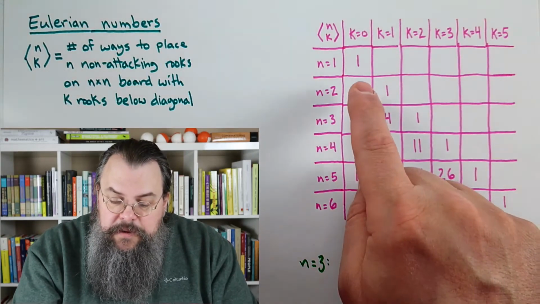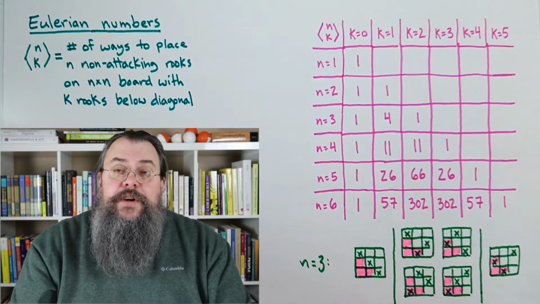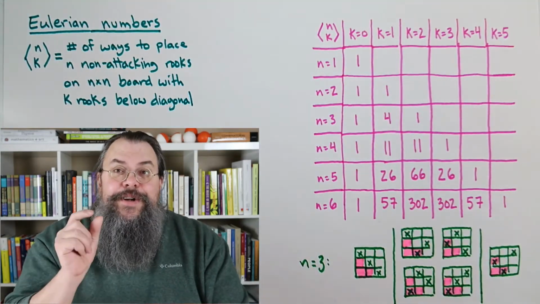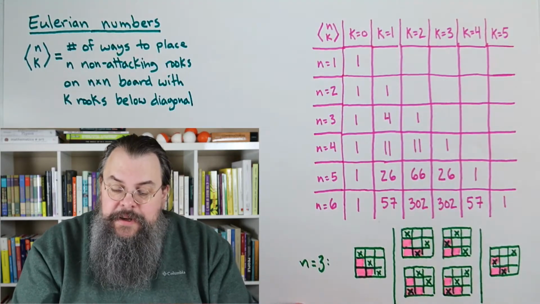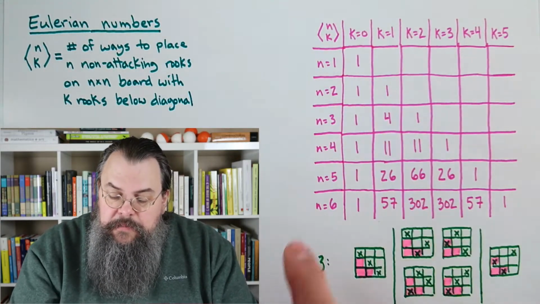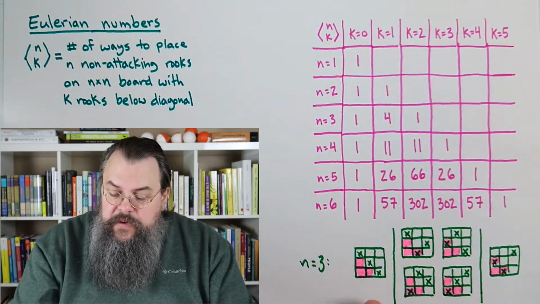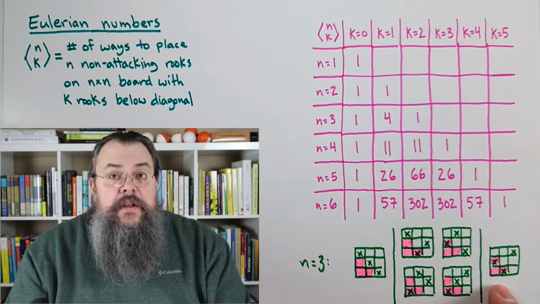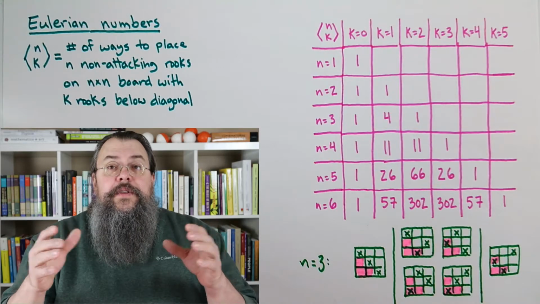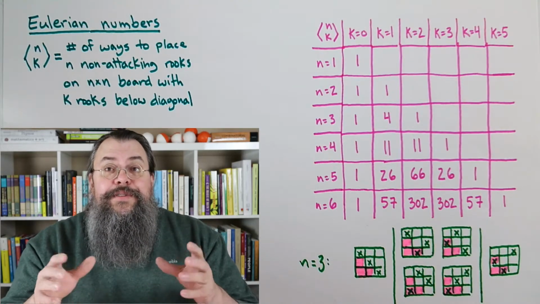If we have a 1 by 1 board, well, there's no below the diagonal. There's just one square, so it's 1. For 2 by 2, 1, 1. For 3, 1, 4, 1. It's not so hard. In fact, down there you'll see all of the possible 3 by 3 placements of rooks.